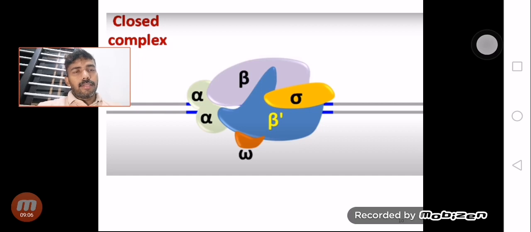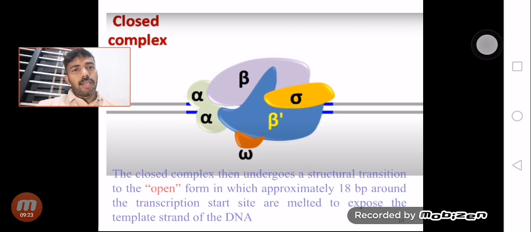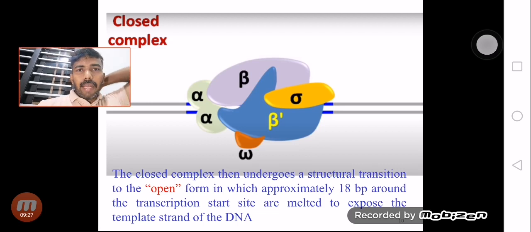Now after the successful attachment of the polymerase enzyme to the promoter site, there is a transition from the closed complex into an open complex, in which there is a melting of the duplex.